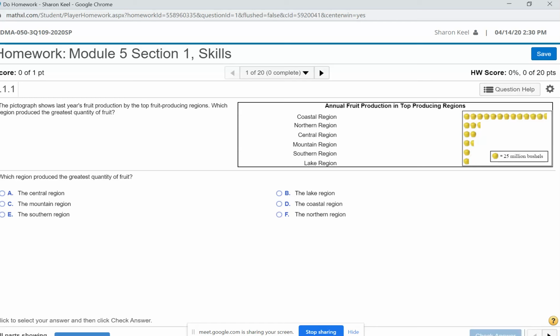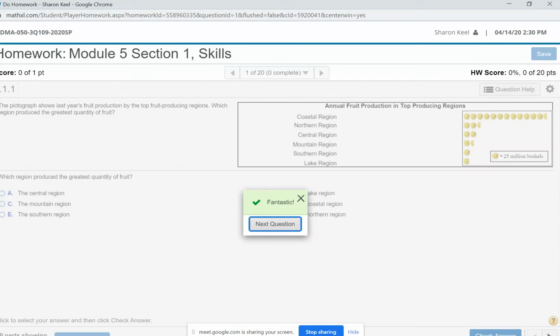Here in the legend, 25 million bushels is represented by each of the little bushels. If I look at this, all I have to do is look at the picture and I can see that the coastal region here has the most, and I can see that the lake region has the least. So just by looking at this visually, you can determine which has the least, which has the most. So here we'd say the coastal region has the most.